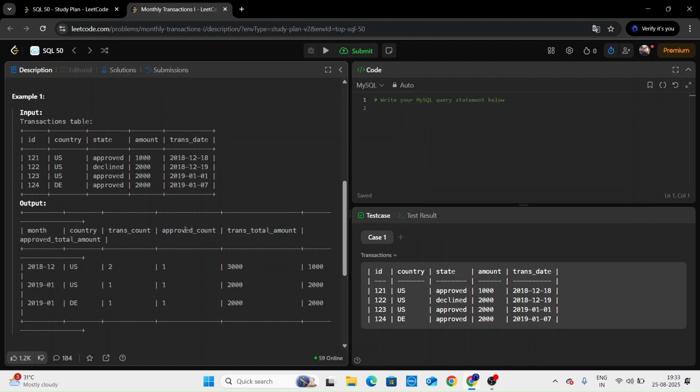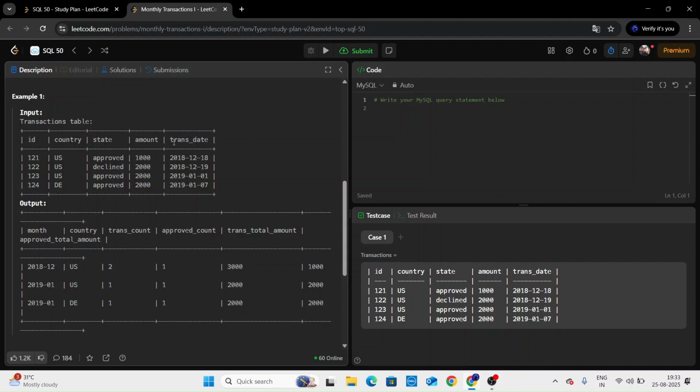So based on the state we are grouping, and also based on the country we are grouping. The final output will be based on the country and also based on the dates.